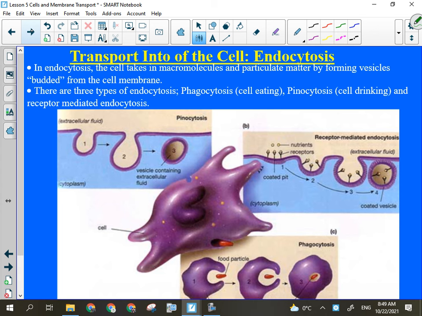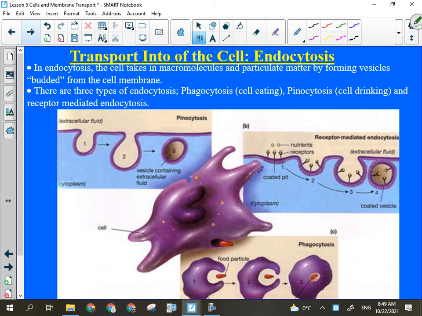It is simply that the cell membrane pushes in and then pinches off to make this vesicle. So it just buds in and then re-merges, so that you now have whatever was in that area engulfed in a sphere made of membrane material that's now going to move to whatever part of the cell it needs to go to.